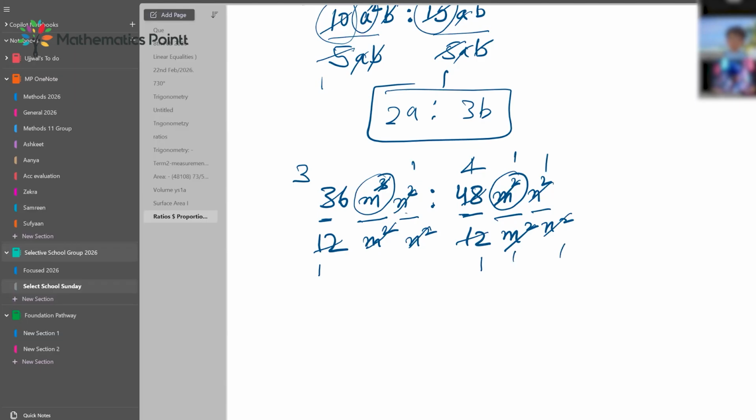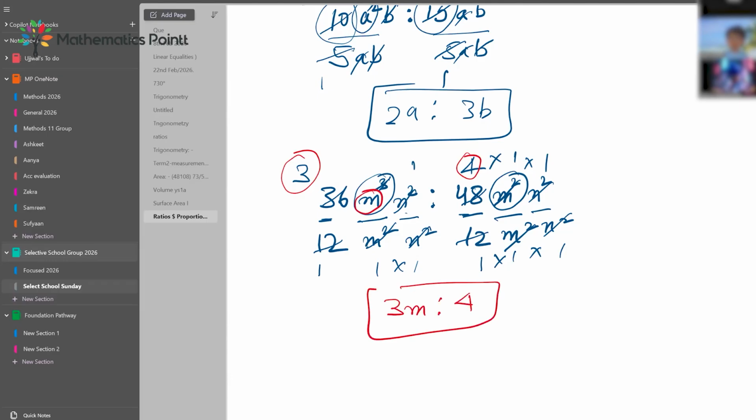They're all multiplying, they're not zero, please. So what have I left with? I've left with a 3 and a 4, and just one m. So the answer, which most of you have given, is 3m ratio 4. That is the answer. All right, cool.